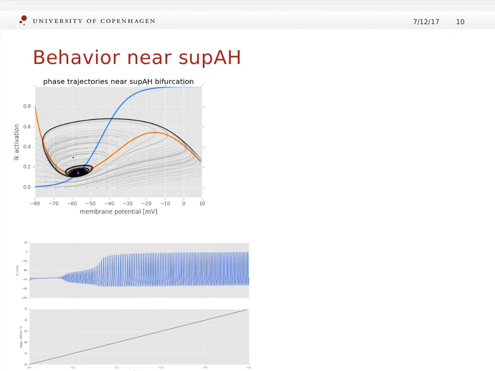So if you start, say, from somewhere here, you get decaying amplitude subthreshold oscillations in time. But if you start, which is kind of counterintuitive, from a more hyperpolarized state, what you will get is an action potential and then decaying subthreshold oscillations.